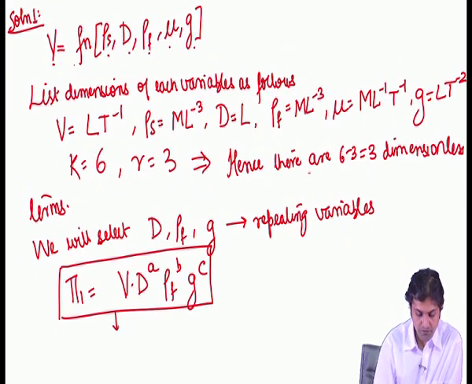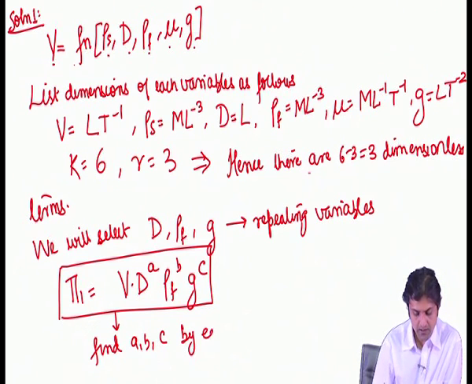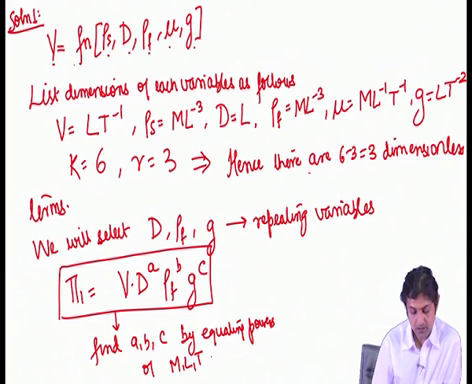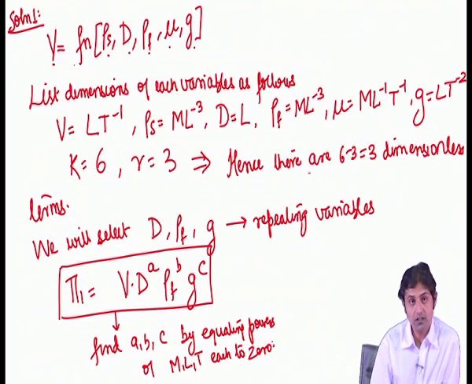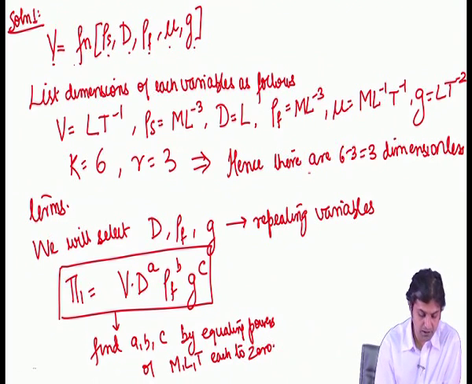Now, we have to find a, b and c by equating the powers of M, L, T each to 0. Okay. And this we will do in the next page.